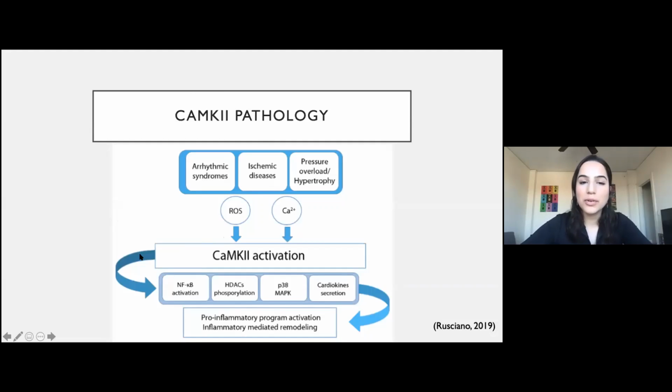So in terms of arrhythmic syndromes, ischemic diseases, in addition to cardiac hypertrophy and pressure overload, reactive oxygen species, in addition to calcium, activate calmodulin kinase, which then turns on various different inflammatory pathways, such as the P38 apoptotic pathway, along with histone deacetylase phosphorylation, activation of many different cytokines and inflammatory pathways that reprogram cells to remodel themselves into a more inflammatory phenotype.